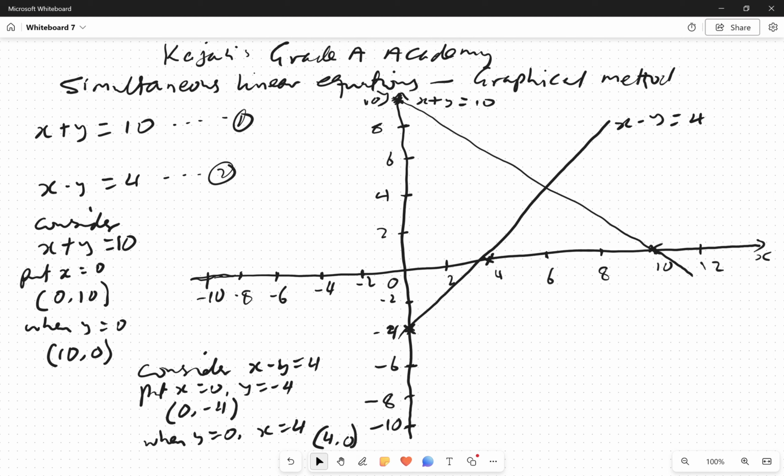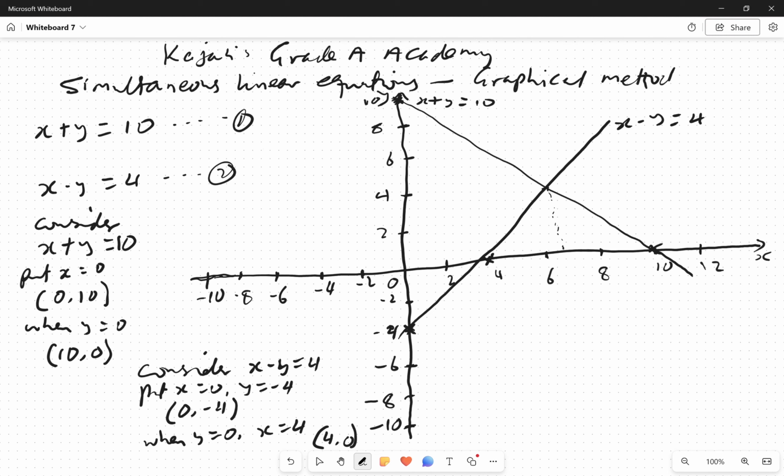Now the point of intersection of those graphs gives your x and your y values. If you look at the point of intersection, this is an estimate. We see that this one is around here, maybe that is 7, in the middle. So this is 7 for x. And then what is the y value?